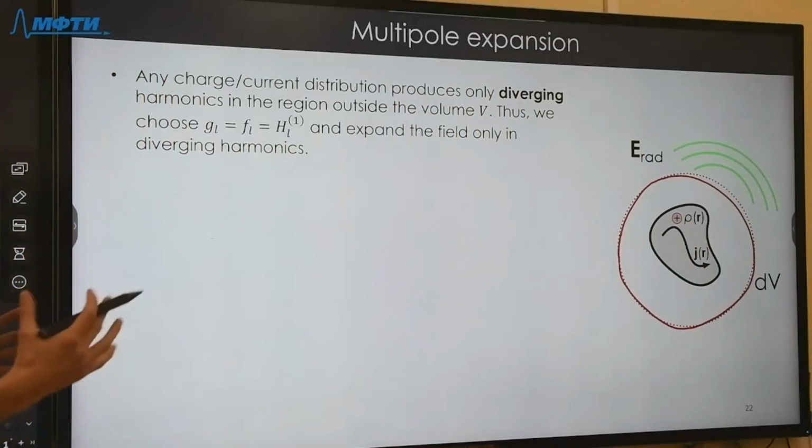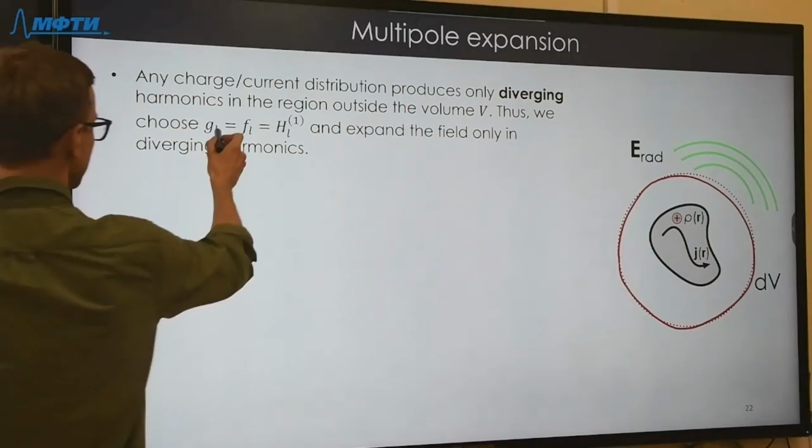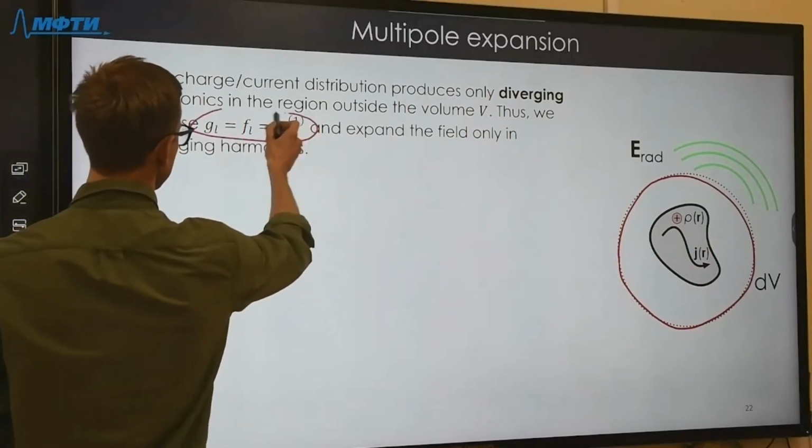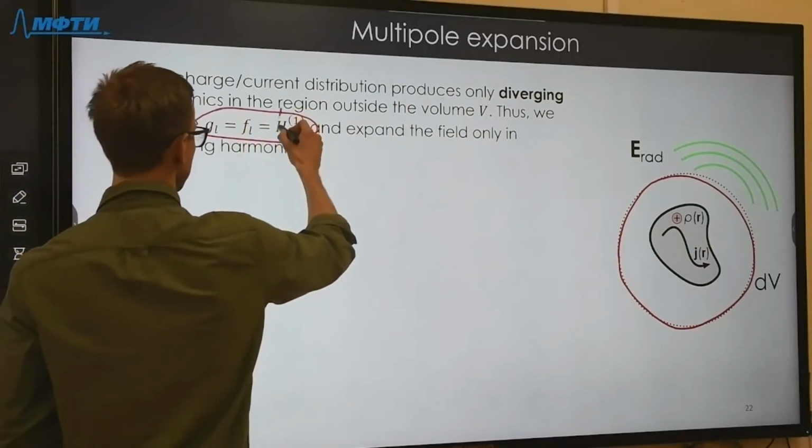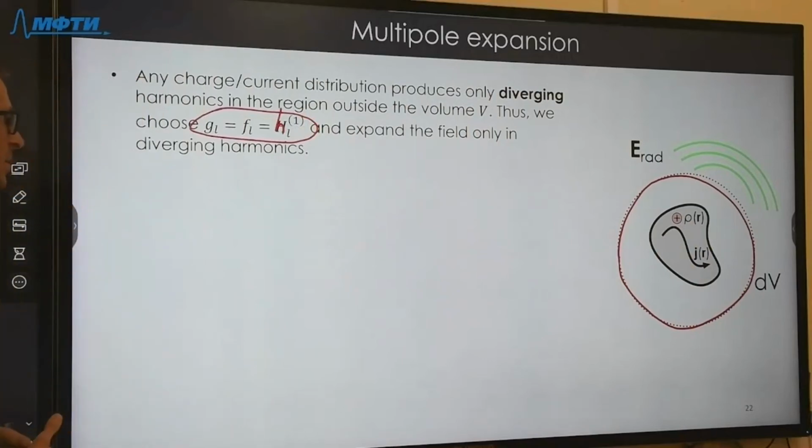We cannot have any convergent harmonics because there is nowhere for these harmonics to converge from. They must be outgoing. And so these functions F and G must be described by the Hankel function of the first kind, and we obtain only 2 integrals.